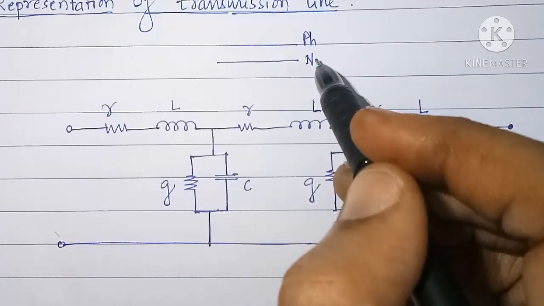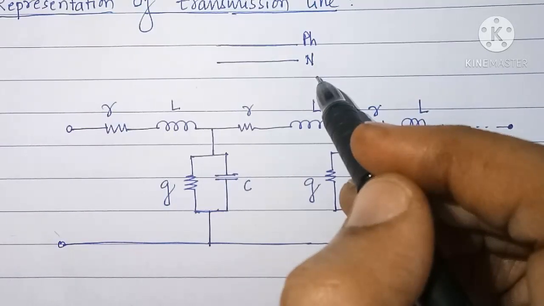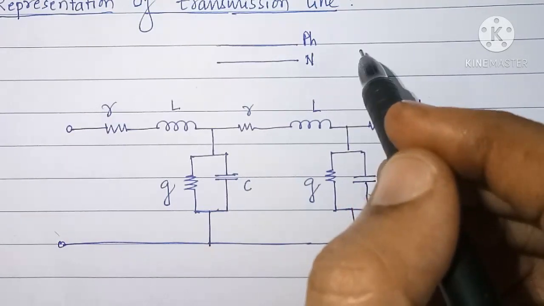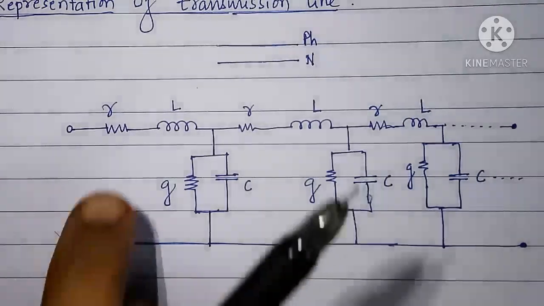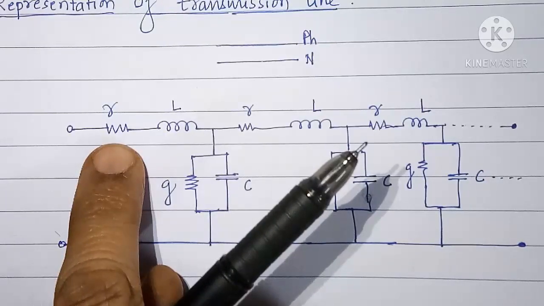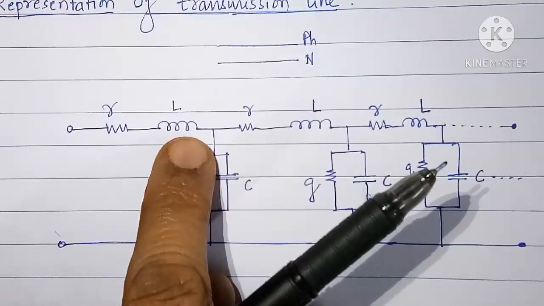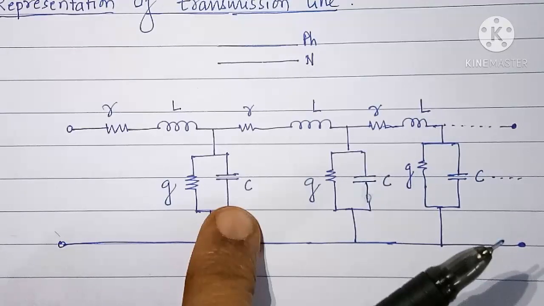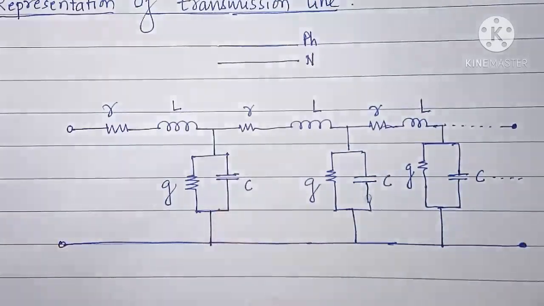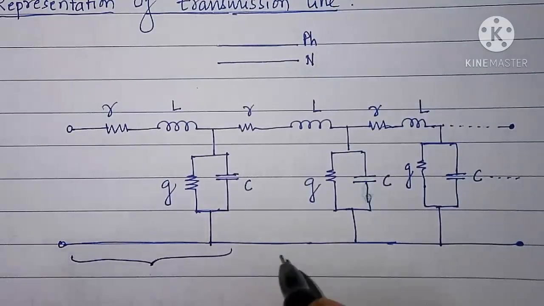This single phase transmission system, for the study purpose or for the analysis purpose, will be represented by a series combination of AC resistance R and inductance L and shunt combination of conductance G and capacitance C, wherein one set of R, L, G and C forms one section.